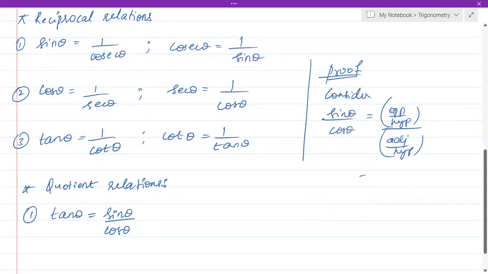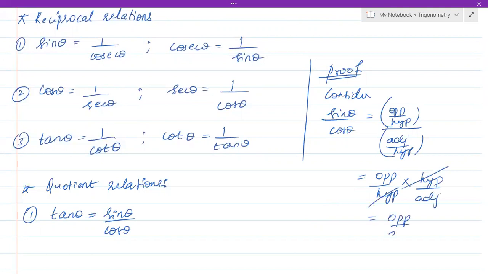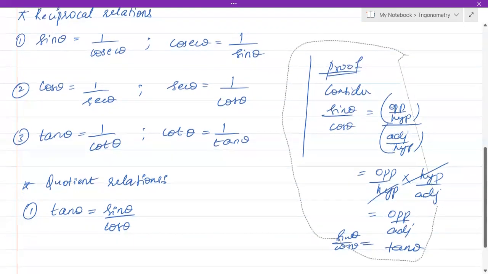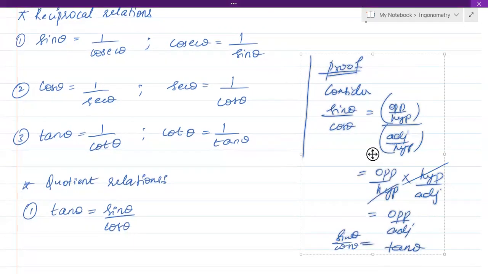Opposite by hypotenuse as it is, reverse the denominator, reciprocal, hypotenuse by adjacent. So hypotenuse gets cancelled. We are left with opposite by adjacent. What is opposite by adjacent? Opposite by adjacent is tan theta. Remember, we started with sine theta by cos theta, but we ended at tan theta. So this is the proof of it, a very small proof, but not important from the exam point of view. I've just shown you how we have derived this.